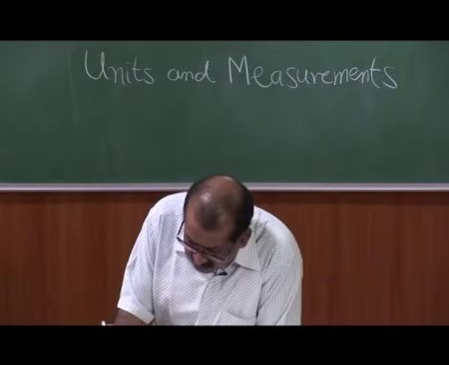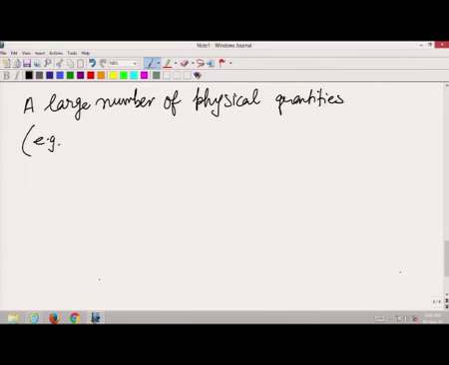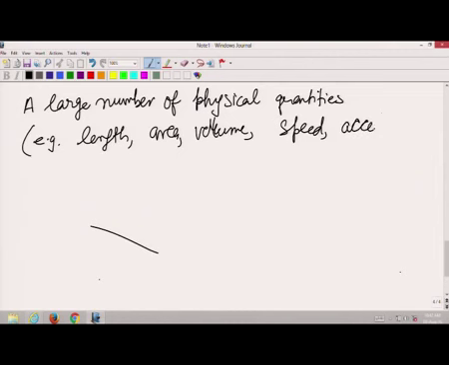So, we have a large number of physical quantities, and let us say for example, we have length, area, volume, speed, acceleration, mass, force, time.